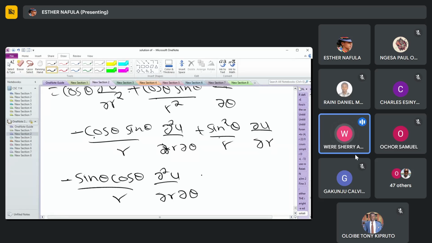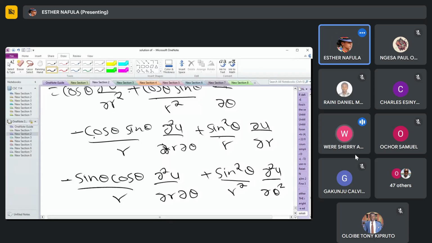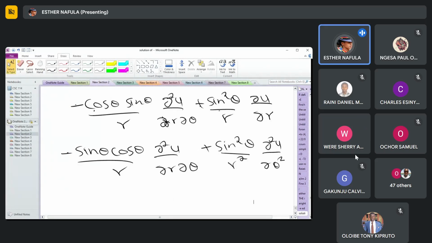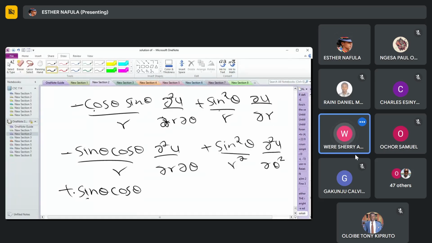And plus sin squared theta over r squared, partial squared u partial theta squared. And plus sin theta cos theta over r squared, partial u partial theta.